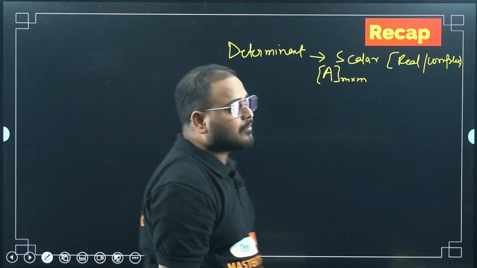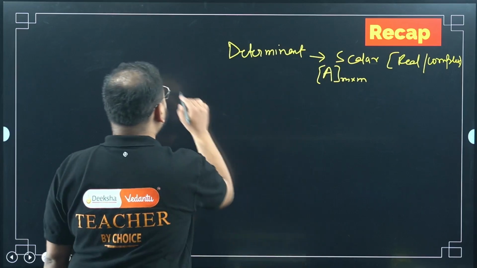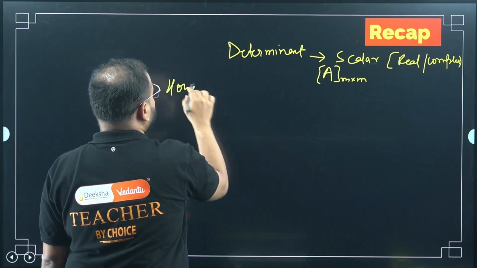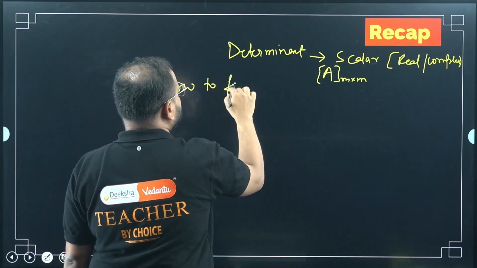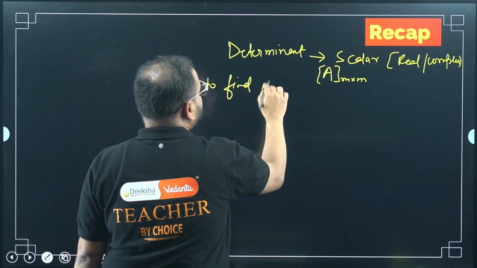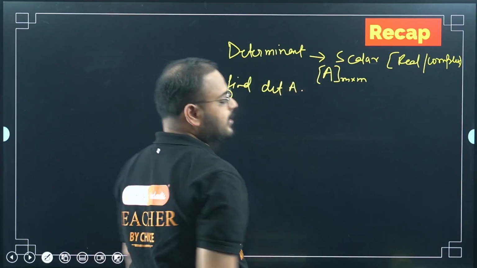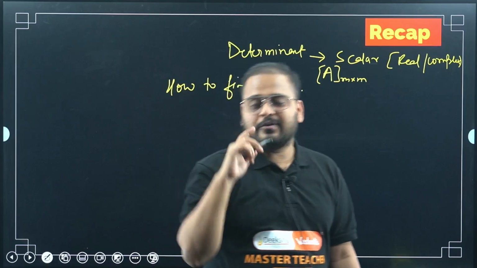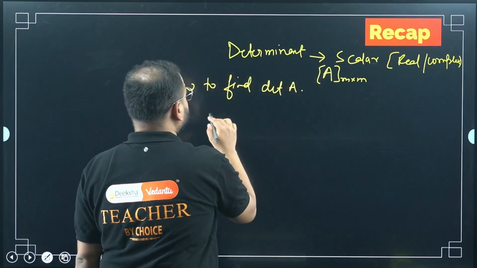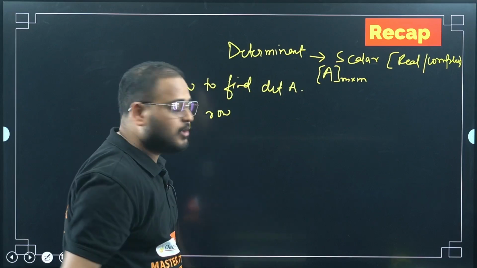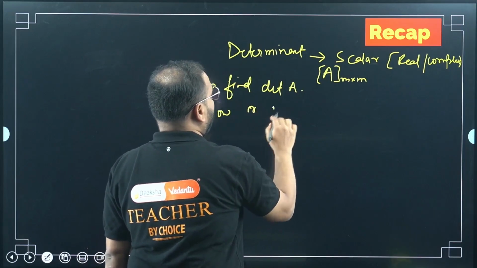Apart from this, we learned how to find the value of the determinant and how we write it. For matrix A, we write it as determinant of A. I said we can use any row or column.